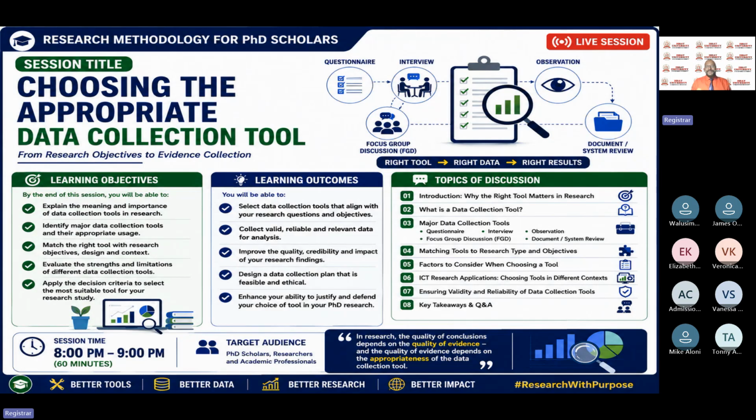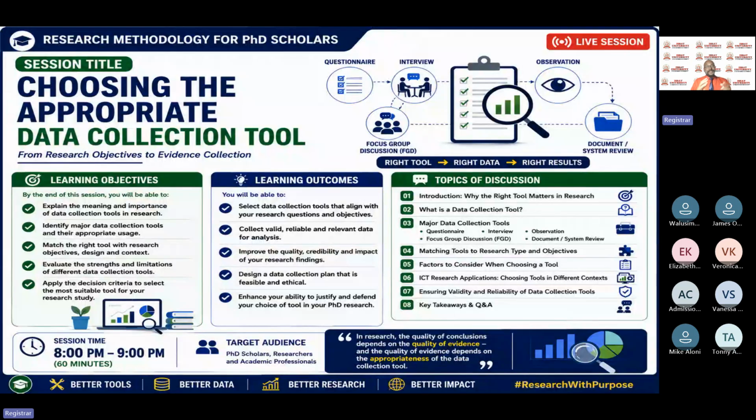Method tools, I don't have to explain much on that one, but I'll be discussing more on matching tools to research types and objectives. That is the major point of discussion, because other things we have explained a lot and you know it in general.